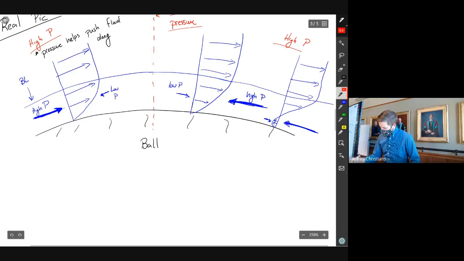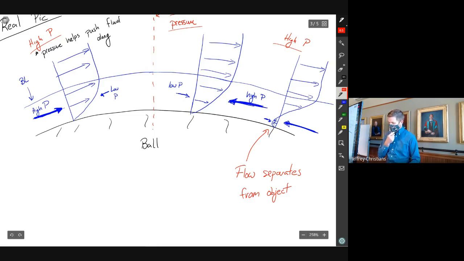And at this point, the flow separates from our object. Again, we watched a video where we saw this happen under a couple different conditions.